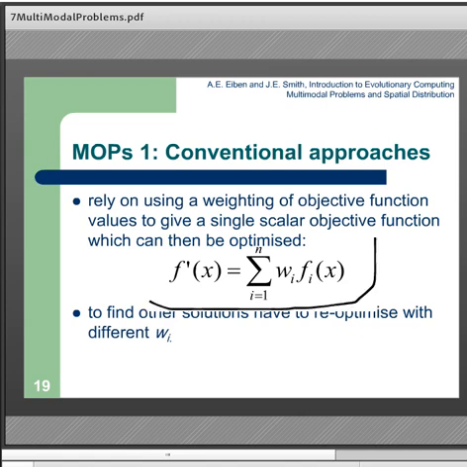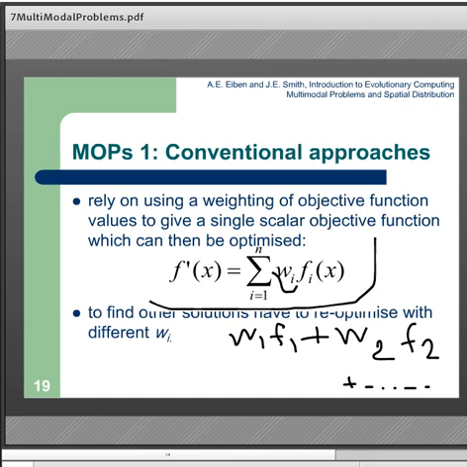One of the ways to handle this multi-objective problem is using a weighting for each fitness. For example, W1 for fitness 1 and W2 for fitness 2, or if you have another fitness, you use another weight.